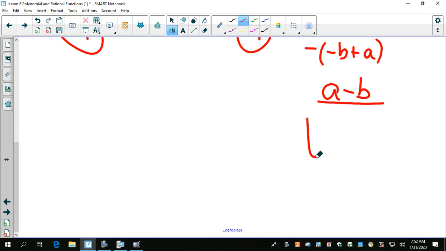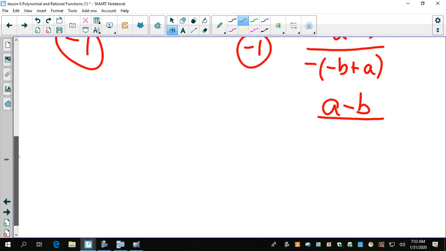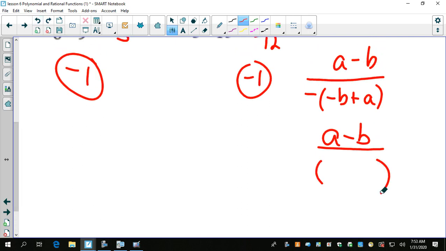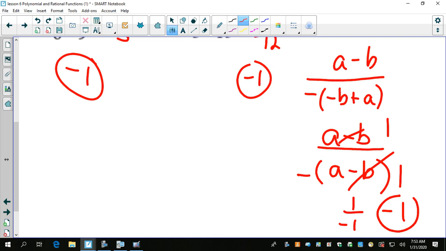And then you see clearly that if I just rearrange it, those are now the same factors, and I'd be left with 1 over negative 1, which is negative 1. But do I have to go through all those steps? No. You could just see opposite factors, and they cancel to negative 1.